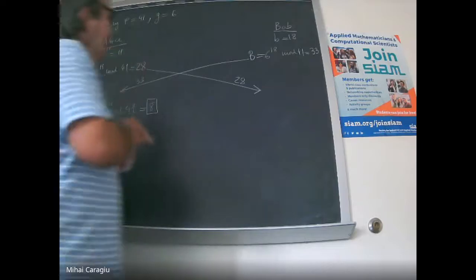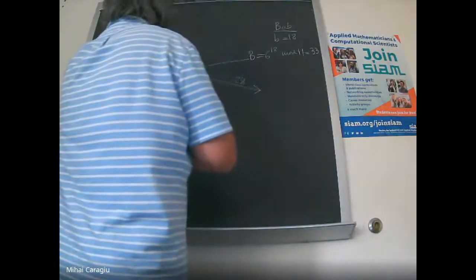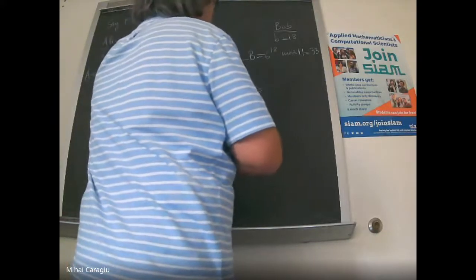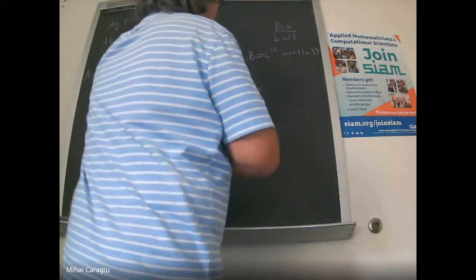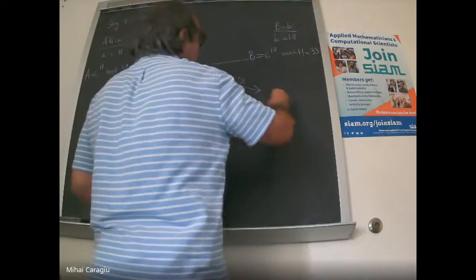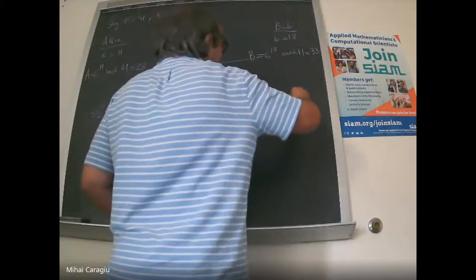Now what's Bob doing? Bob receives capital A, which is 28 from Alice, and he raises 28 to his secret key 18. So he calculates 28 to the power 18 modulo 41.